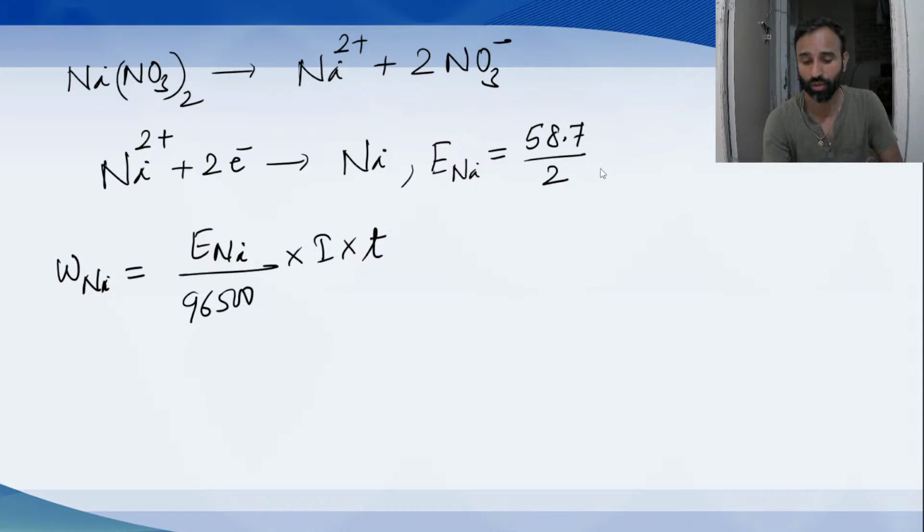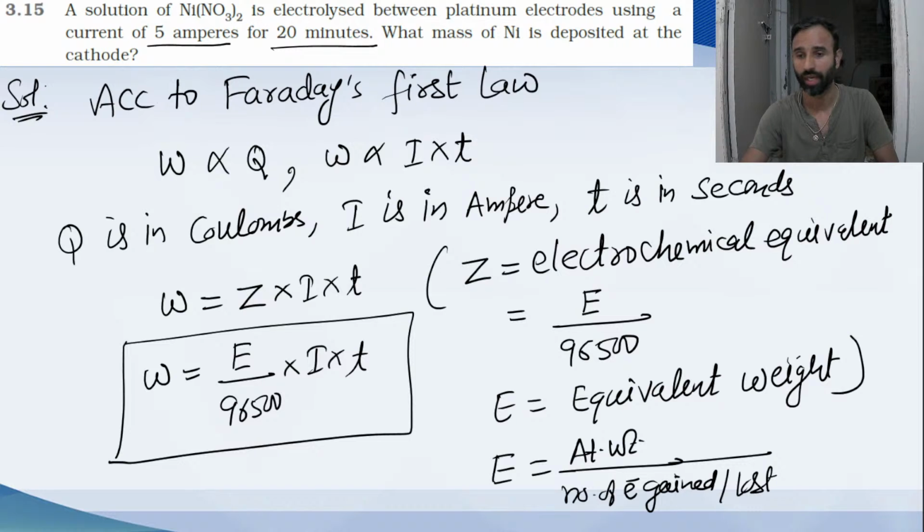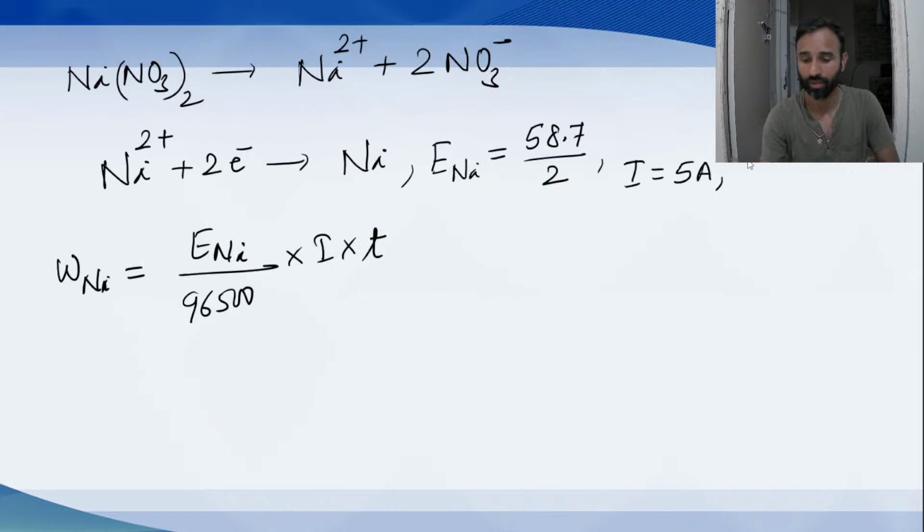Now I is given to you. I is 5 ampere. And time is 20 minutes, means 20 into 60 seconds, that is 1200 seconds.